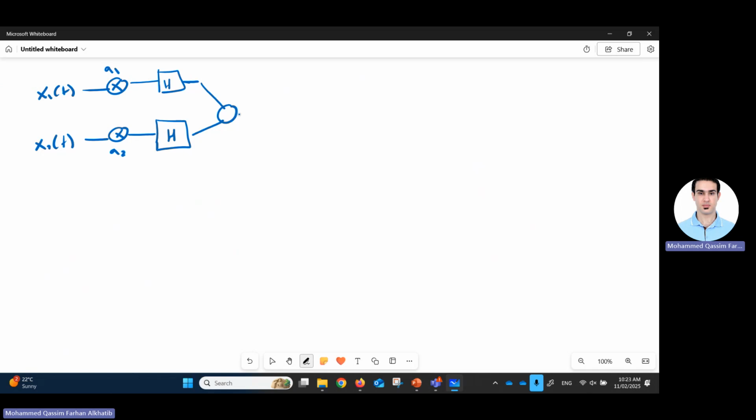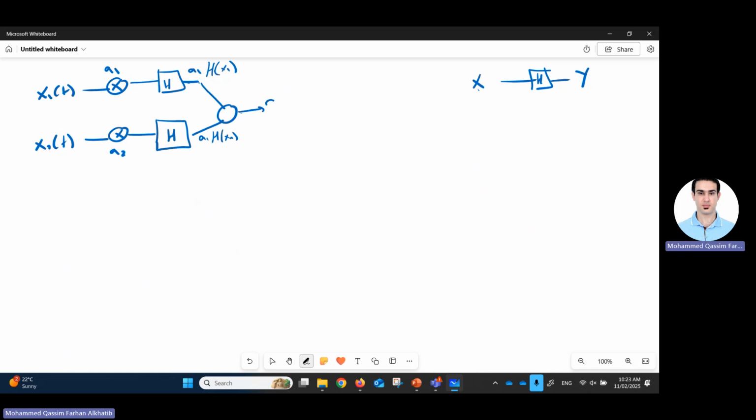Add them together. So you have x, you have h, it will lead to y. Here, I will not even call it y1. Let's say a1 transformation of x1. This one, a2 transformation of x2.